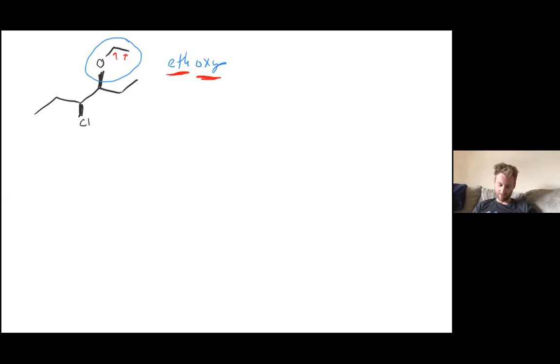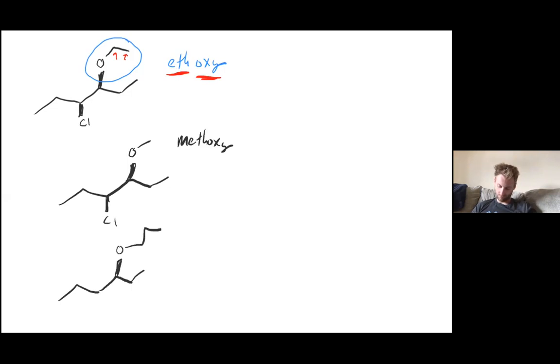As opposed to if we had this, we would refer to this as a methoxy group because now we only have 1 carbon. And over here, if we had 3 carbons, this would be a propoxy group. Well, let's actually name the first one.